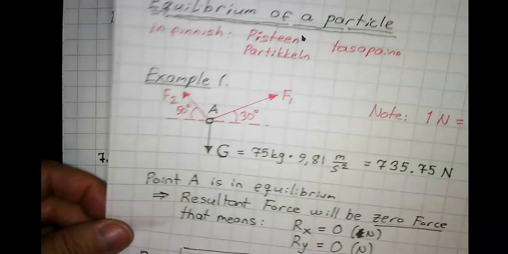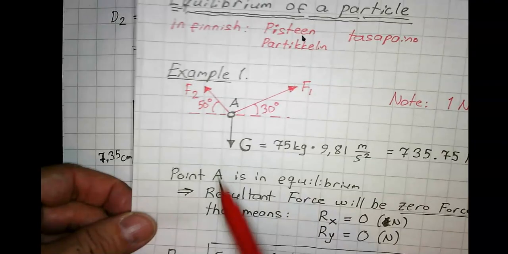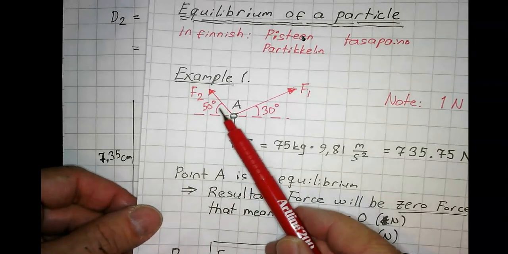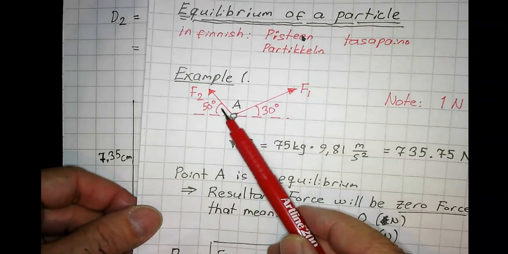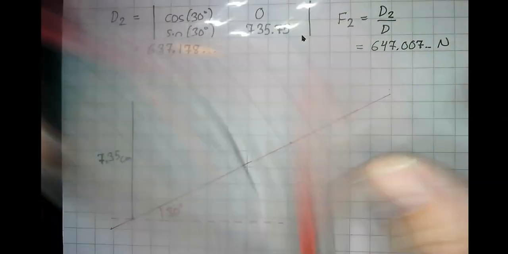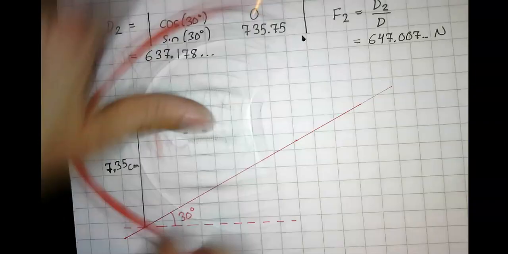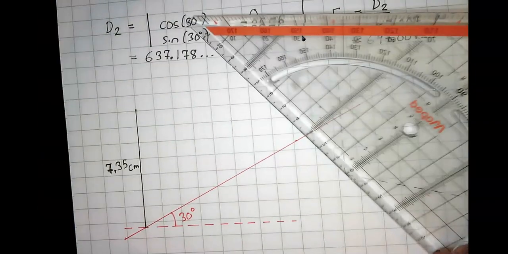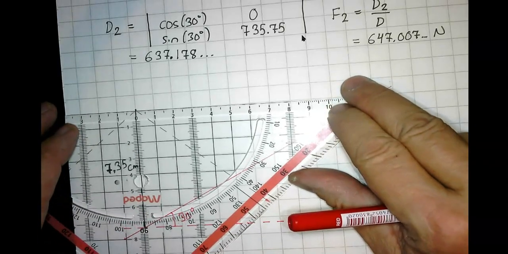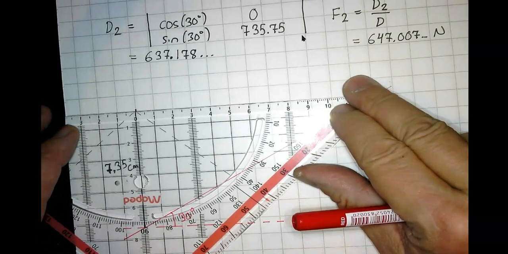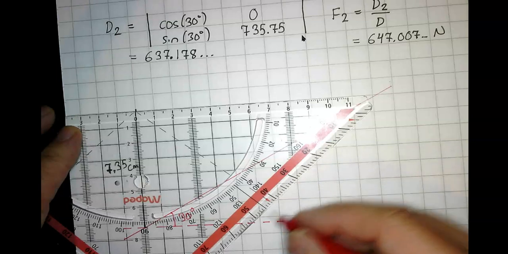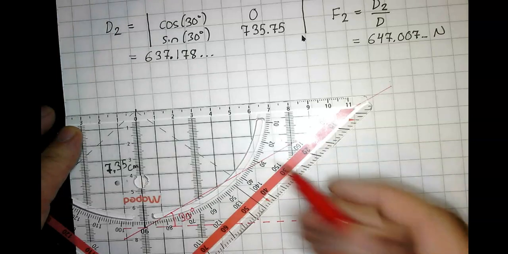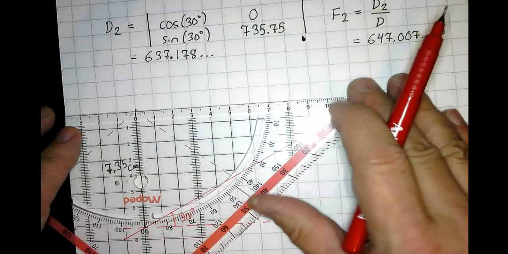And the second force has an angle of 50 degrees measured from the horizontal plane, and I will take that 50 degrees from here. So this is the horizontal line here.